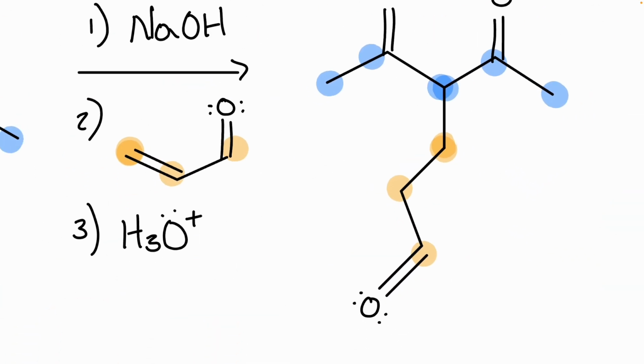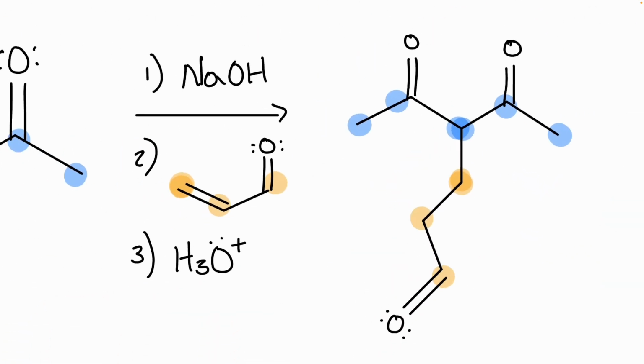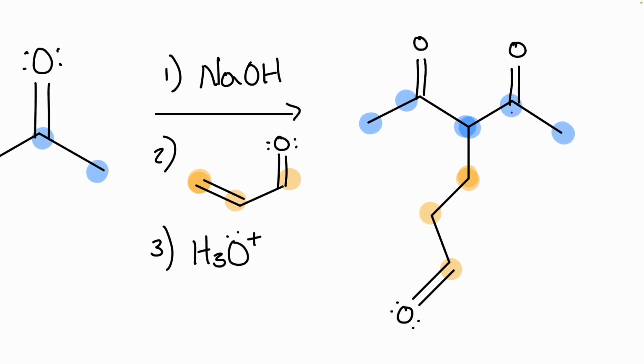Similar for these Michael's reactions, your 2 carbonyl groups will always be 1, 2, 3, 4, 5 carbons away from one another. So you get this same consistent spacing here for these Michael's reactions as well. Or I guess electron withdrawing groups, not necessarily carbonyls.